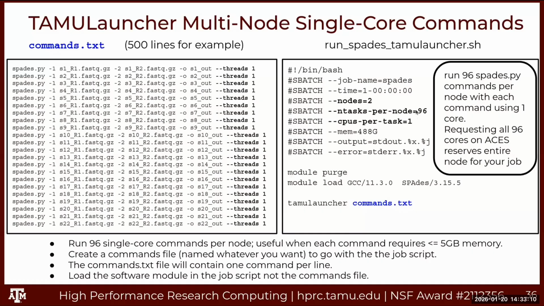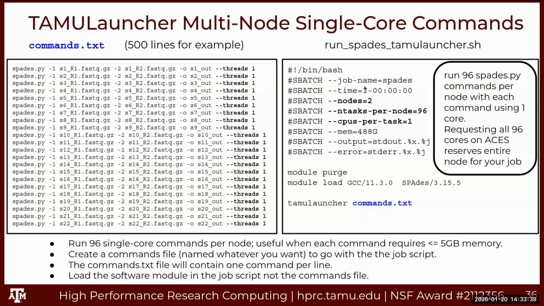So in this example, you're going to have 96 times 2, 192 commands running at once. 96 on one node and 96 on the second node. You can change this to 3 if you want, or you can just use one node if you want.